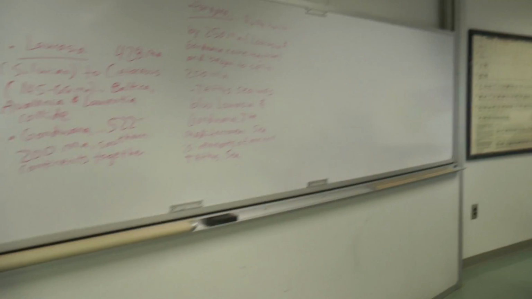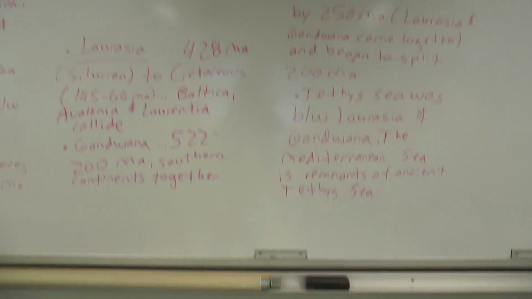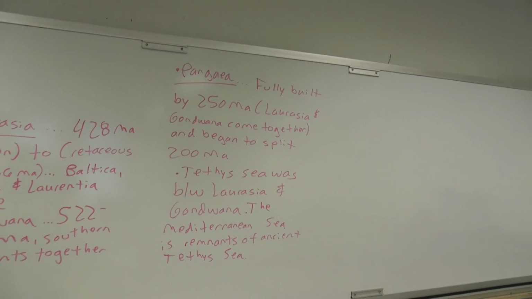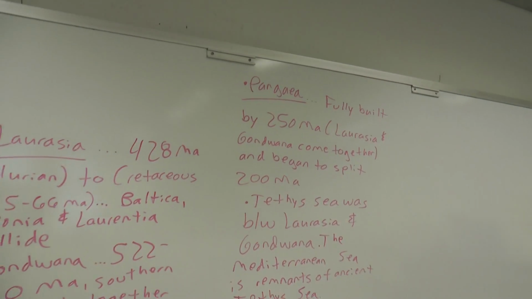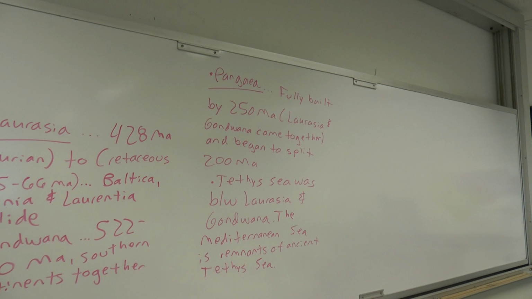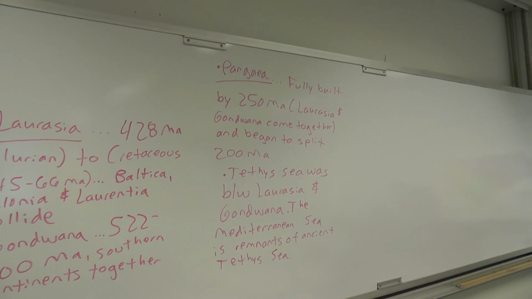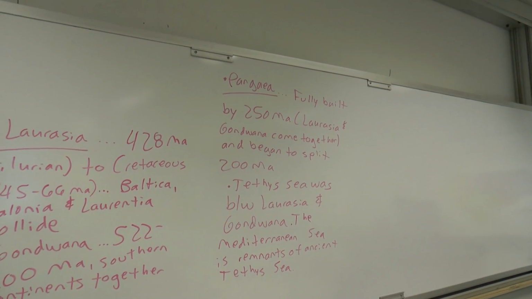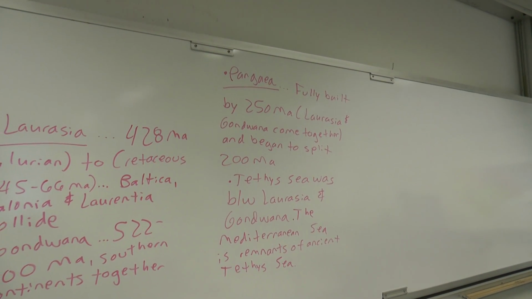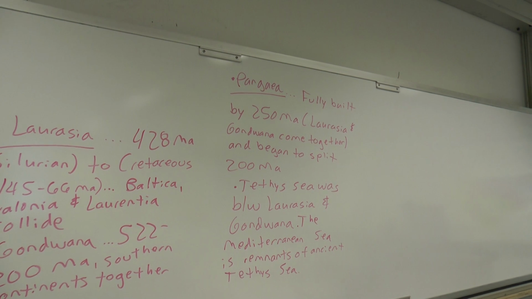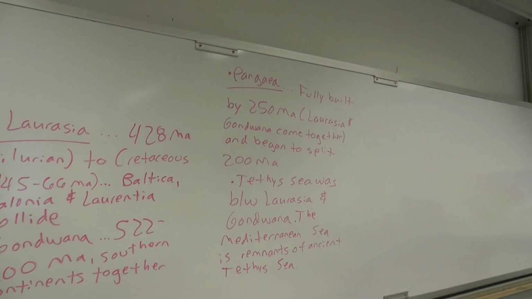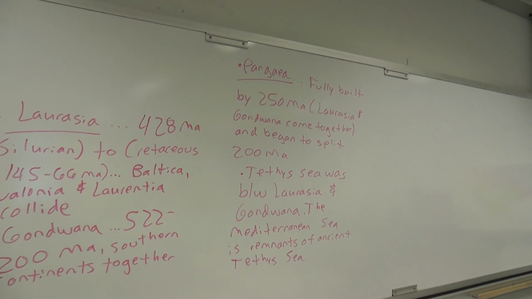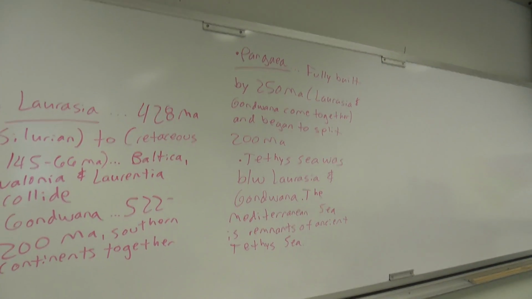And then eventually, roughly 250 million years ago, Laurasia and Gondwana are going to come together and form Pangaea. So Pangaea, our most recent of the large supercontinents, fully built by 250 million years ago. So that means the Appalachian Mountains were fully built by 250 million years ago. Again, this is Laurasia and Gondwana coming together, and it began to split about 200 million years ago.